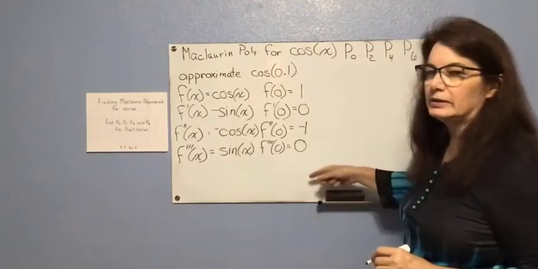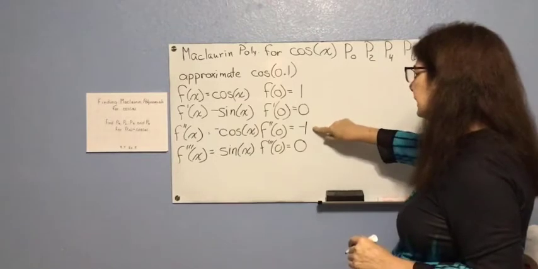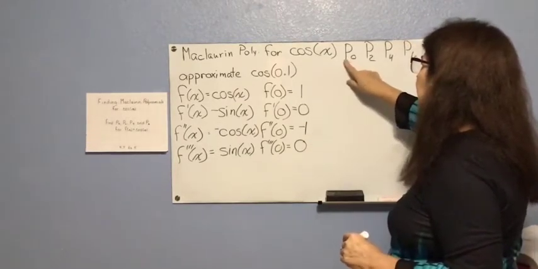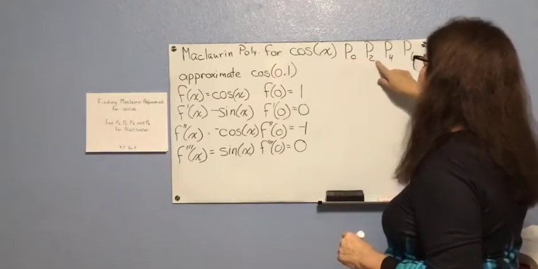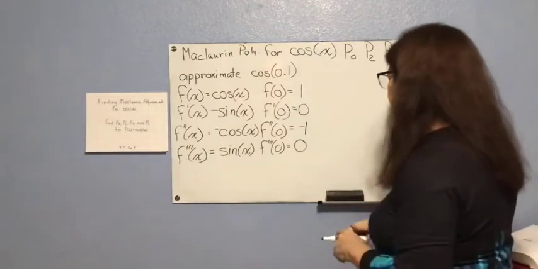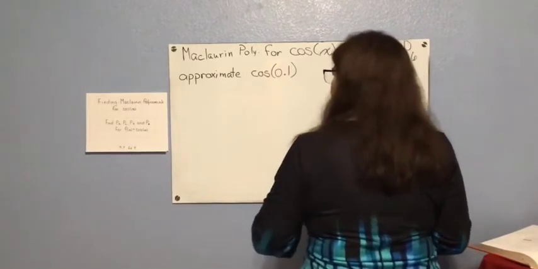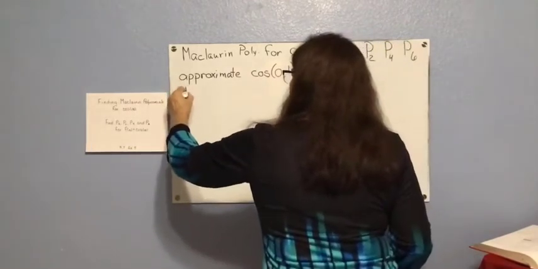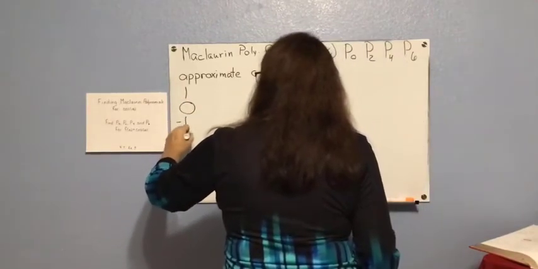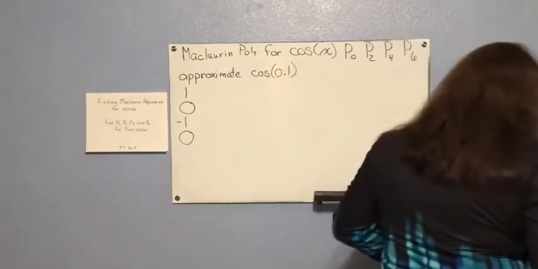And if you continue this on, we're going to continue to get values positive 1, 0, negative 1, 0. Which is why we're only doing p sub 0, p sub 2, p sub 4, p sub 6. Because we're going to get a lot of 0 values and we're going to skip over those. So our derivatives are positive 1, 0, negative 1, 0. The function and the first three derivatives.